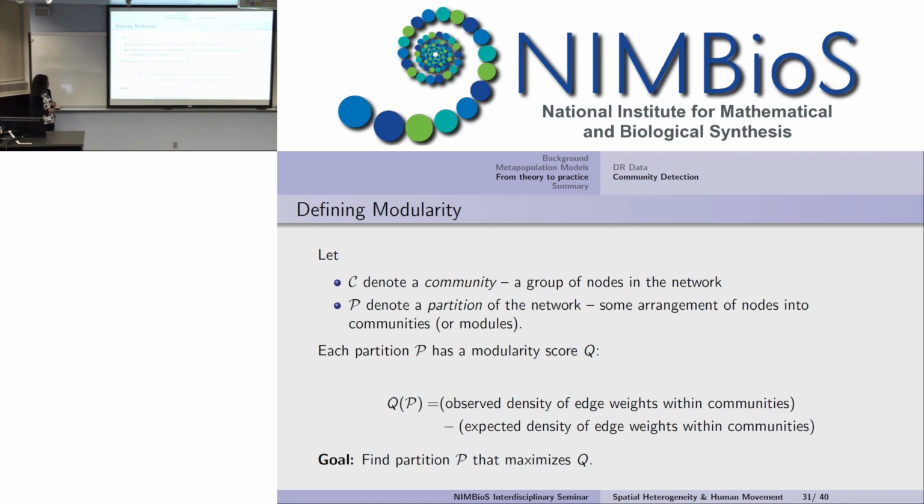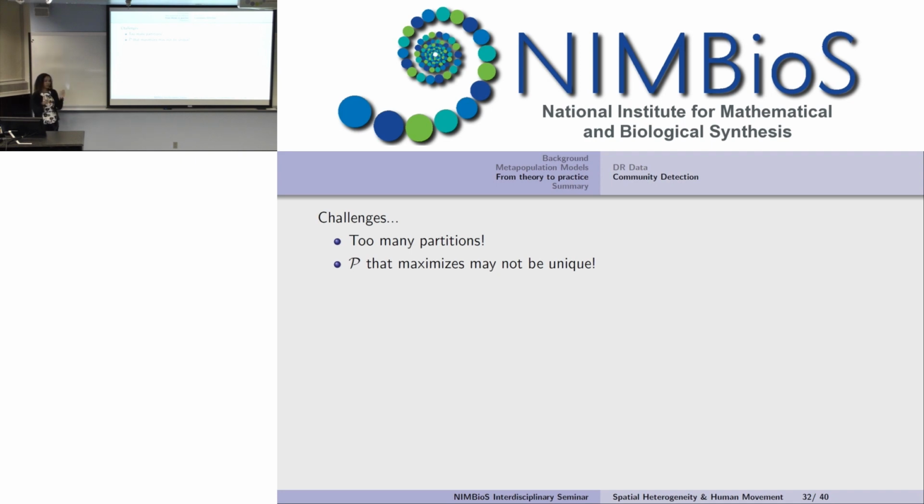But the challenge here is that there are a lot of possible partitions, especially if you have a large number of nodes. There are too many partitions to actually calculate the global maximum of this modularity score. On top of that, there's more than one partition that might give you the same modularity score.